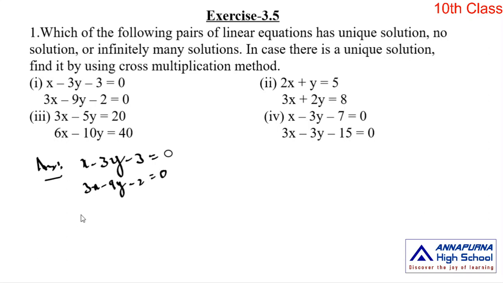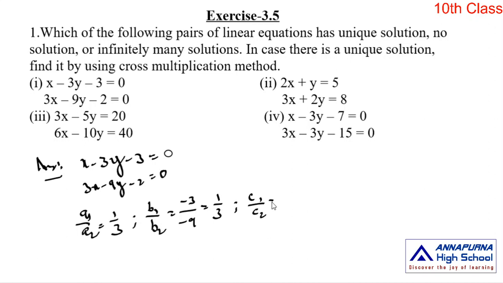Here a1 by a2 is equal to 1 by 3. a1 means the x coefficient of the first equation and a2 means the x coefficient of the second equation. a1 by a2 is equal to 1 by 3 and b1 by b2 is equal to minus 3 by minus 9, which is equal to 1 by 3, and c1 by c2 is equal to minus 3 by minus 2, which is equal to 3 by 2.